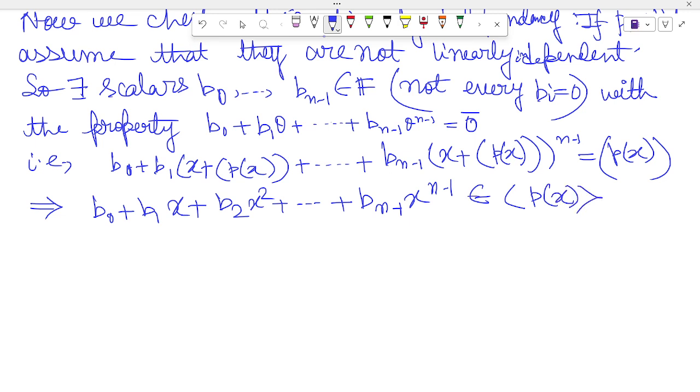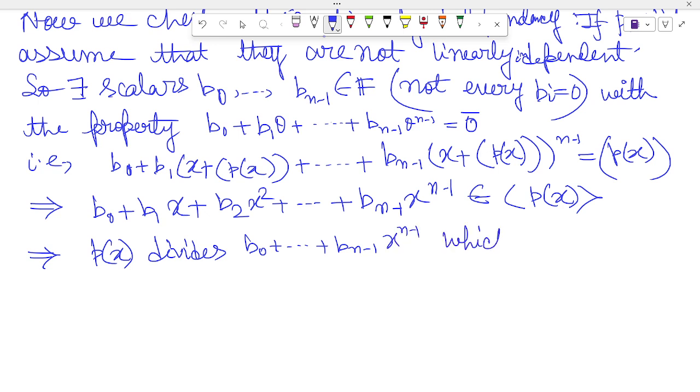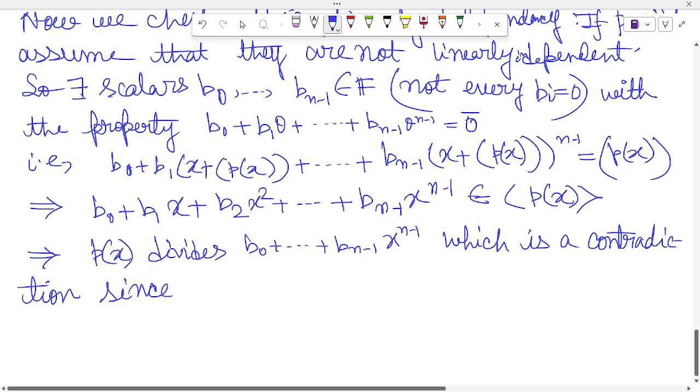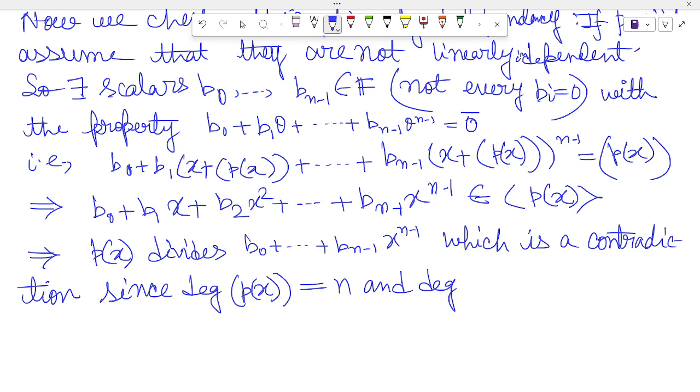Okay. That means Px divides V0 plus ..., which is a contradiction, since the degree of Px is n and the degree of this polynomial is at most n minus 1.